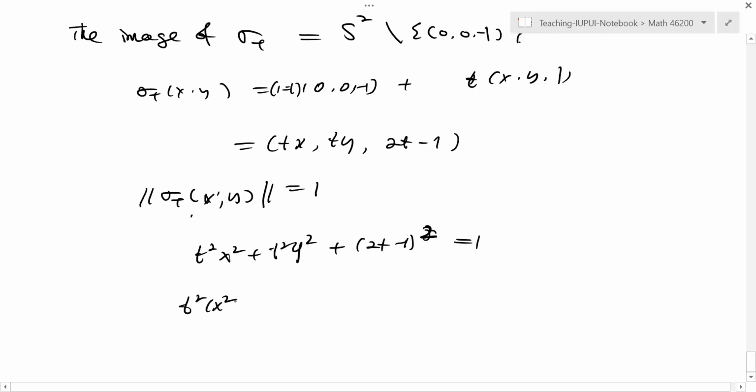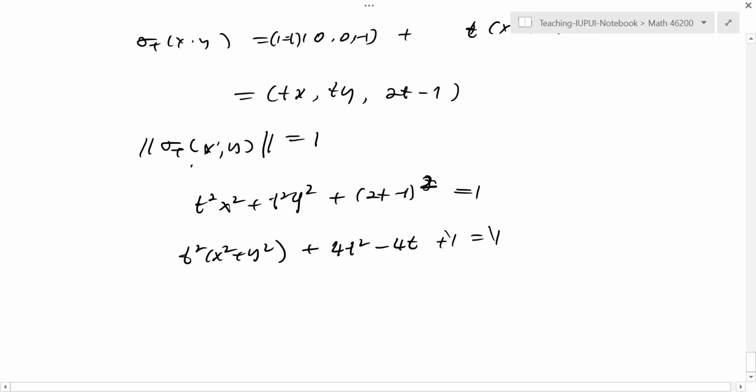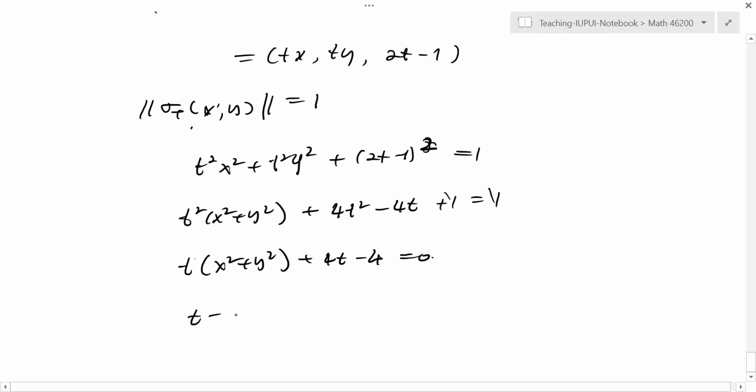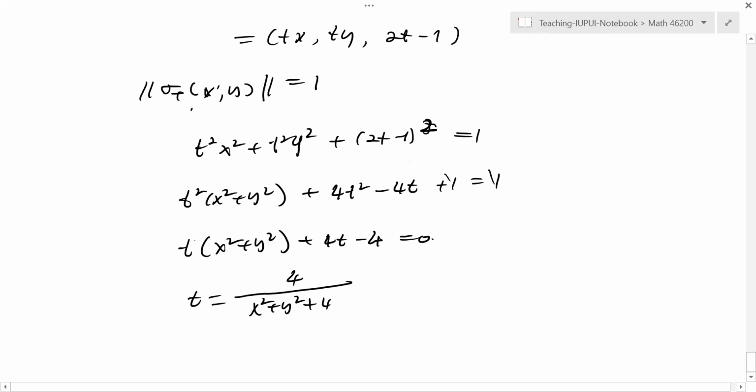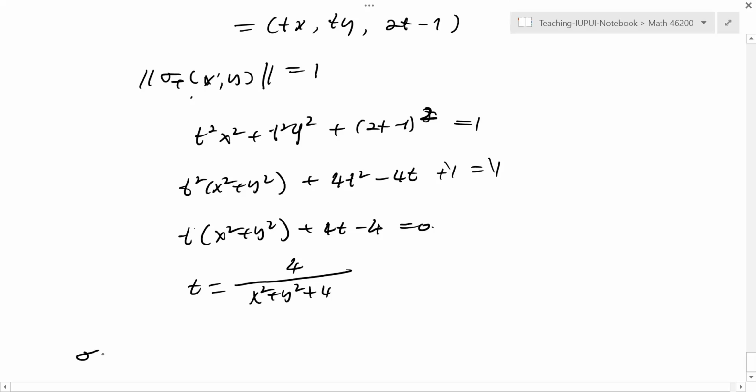It's t squared (x squared plus y squared) plus 4t squared minus 4t plus 1 equals 1. So this 1 canceled out, and you also canceled out the t. I think I'm going to get t equals 4 over x squared plus y squared plus 4. Okay, so that's it.